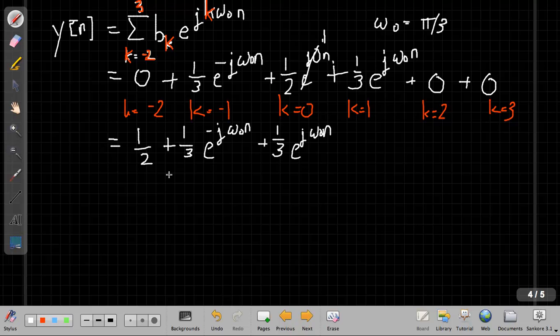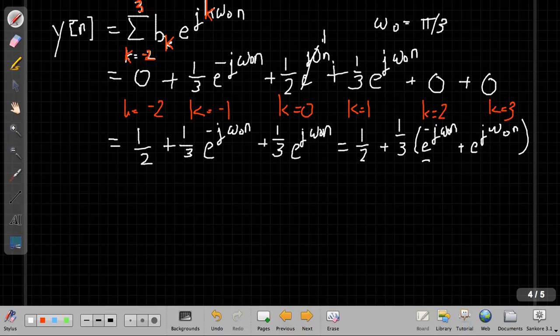And my ulterior motive here is recognizing this is something I can use Euler's formula to simplify. So I get 1/2 plus 1/3 e to the j minus omega naught n, and then plus e to the j omega naught n.